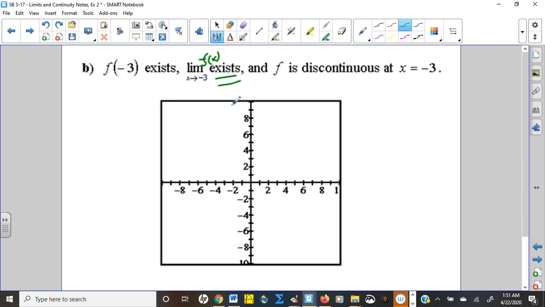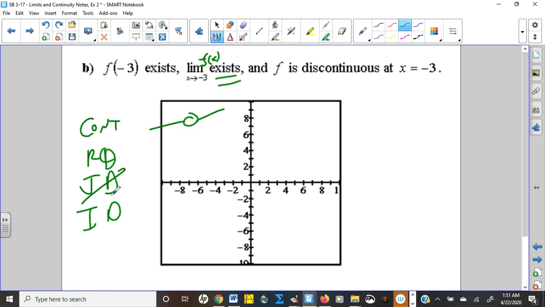Okay, that's good. Because remember, we have either continuity, we have removable discontinuity, we have jump discontinuities, and we have infinite discontinuities. That's really the only 4 options that we're dealing with. And by knowing the limit exists, by knowing that we're coming to the same height, it can't be a jump and it can't be infinite.